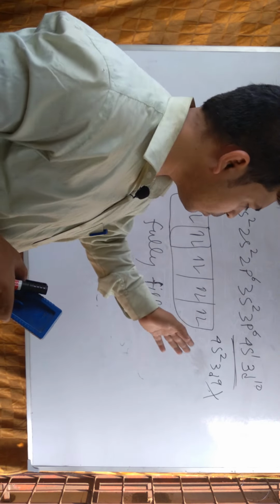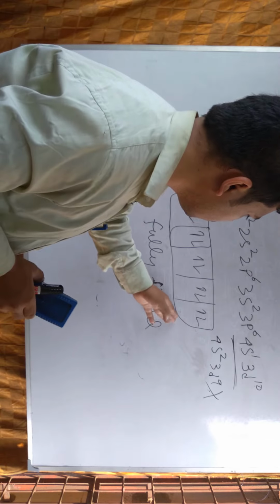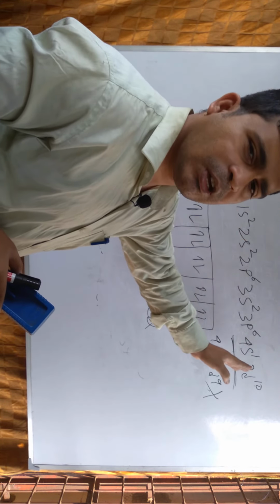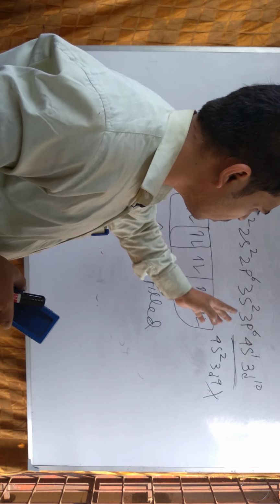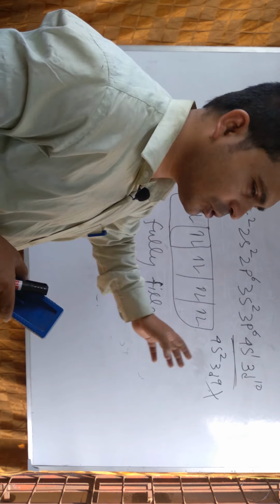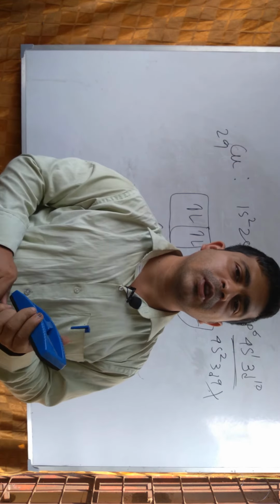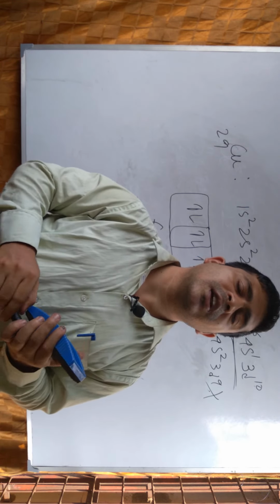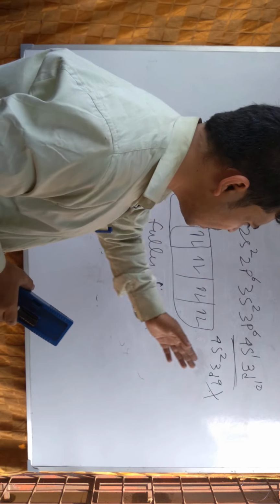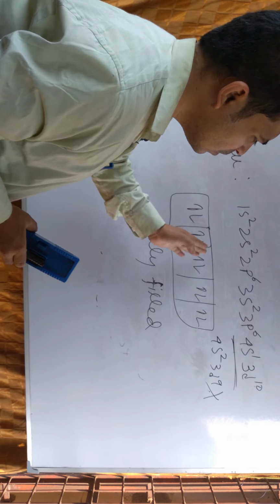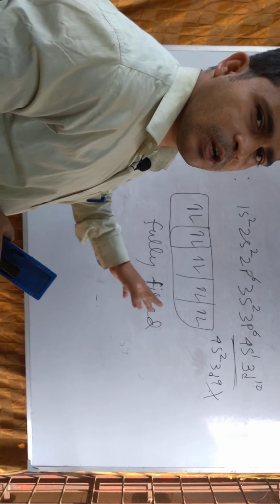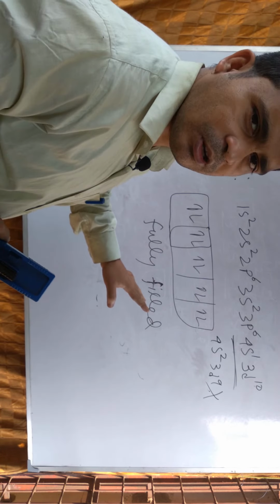Sorry, this is not half filled, this is a fully filled subshell, so therefore 3d10 is the stable electronic configuration. It has high stability in the ground state. We have to know that all the electronic configurations we are discussing here are ground state electronic configurations. This is an example of a very stable full filled electronic configuration, exceptionally.